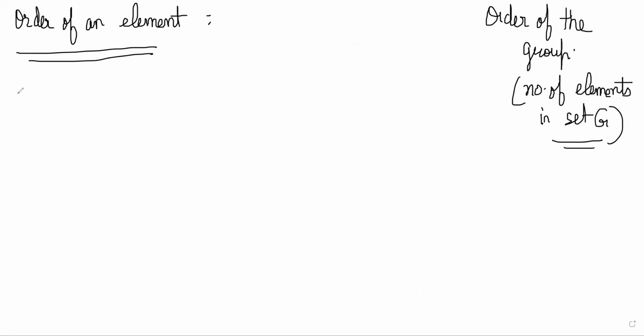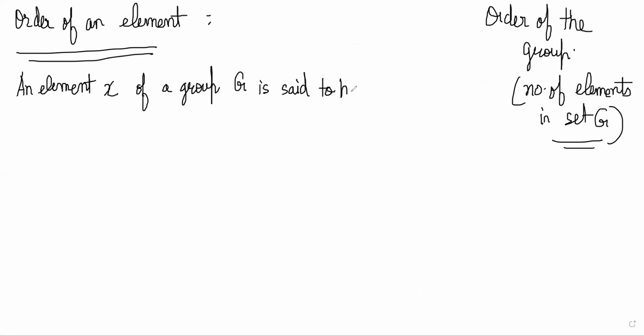So what we will say, an element x of a group G is said to have finite order if x power n is equal to e for some n greater than 0.